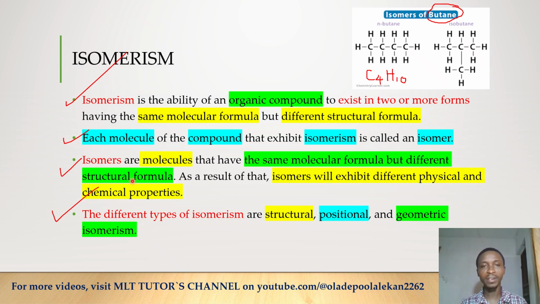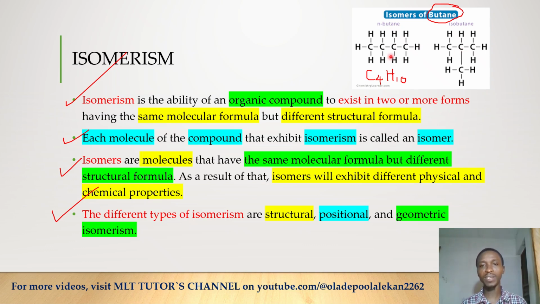So, in summary, we have defined what isomerism is, which is the ability of an organic compound to exist in two or more forms, having the same molecular formula but different structural formula. Each form in which an organic compound exists in isomerism is called an isomer. And isomers are molecules that have the same molecular formula but different structural formula.